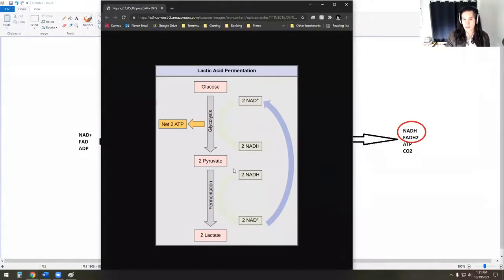During fermentation you're taking NADH and forming more NAD plus to feed back into glycolysis to produce 2 more net ATP. Fermentation on its own doesn't produce any ATP. The only reason we say it creates ATP is because when coupled with glycolysis, it's potentiated to go one more round and produce more ATP.